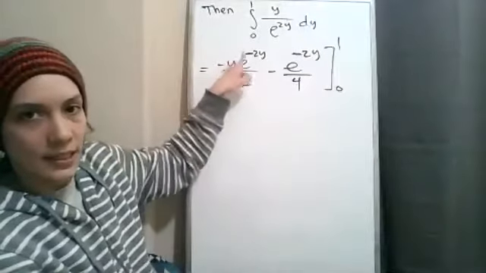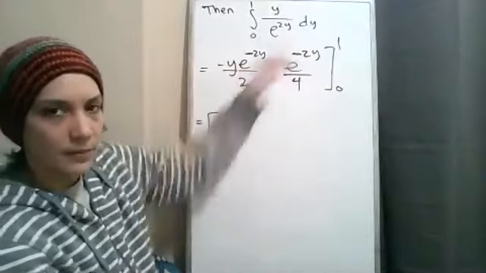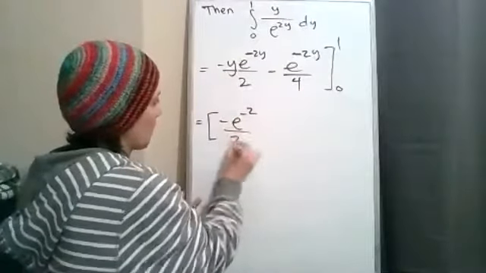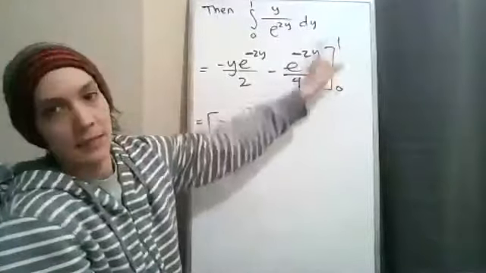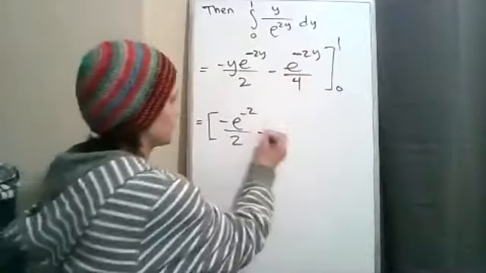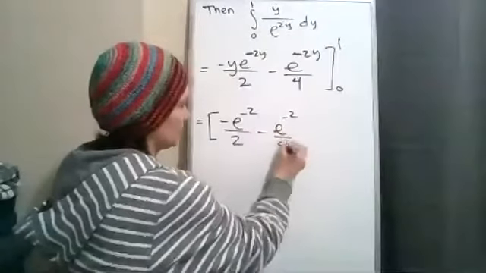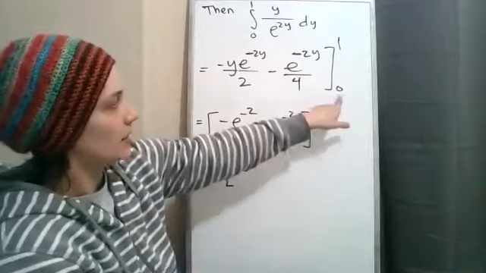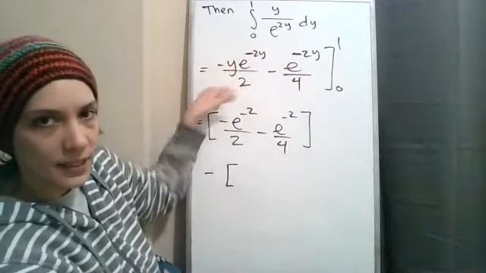Negative e to the negative 2 over 2, minus, and put in 1 here, minus e to the negative 2 over 4. Take away, the 0 goes there. 0 times anything is 0.